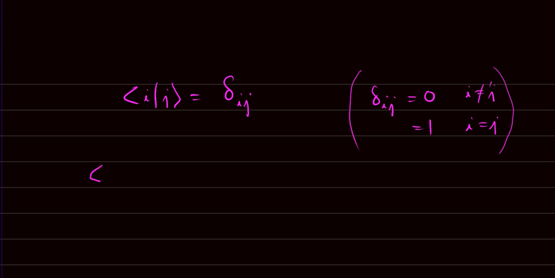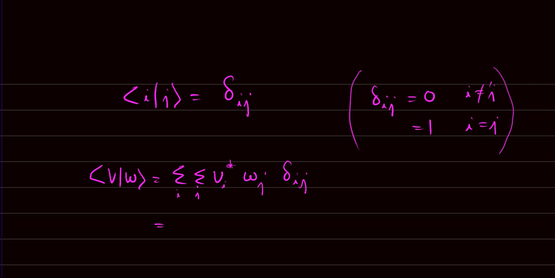So our inner product will be the summation over i and j of vi conjugate wj delta ij. From the definition of Kronecker delta, we can see only the terms where i and j are equal will remain, and when i and j are not equal, they will be 0.